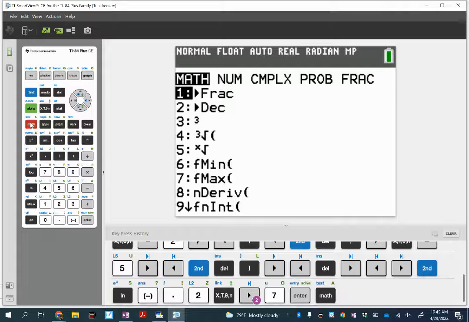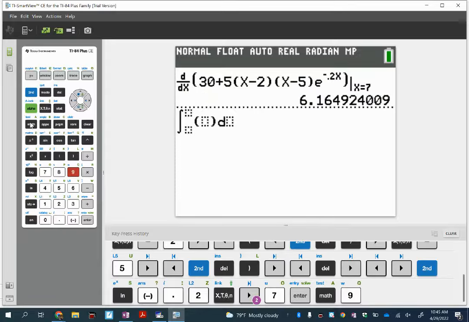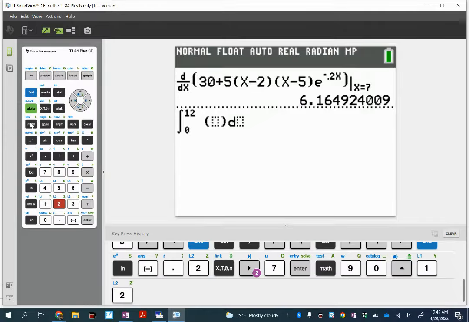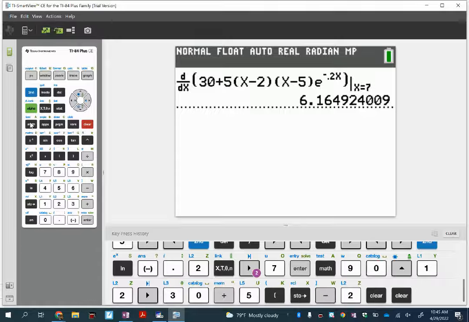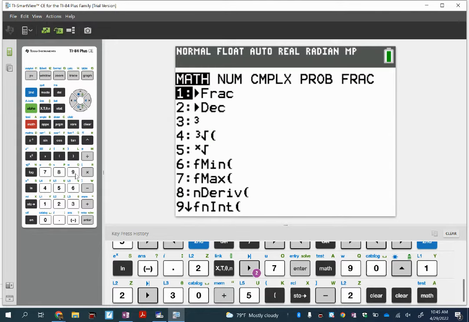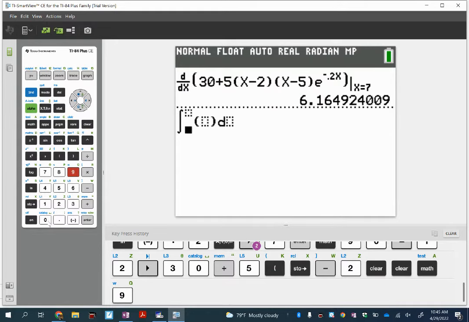That's amazing. Number 9 is the integral. We're going from 0 to 12. And I'm going to literally just type in what E of t is, which I'm sure I already forgot. 30 plus 5 times x minus 2. I don't know why I said I forgot. It's literally right above me. Woo! Got excited there. Here we go.